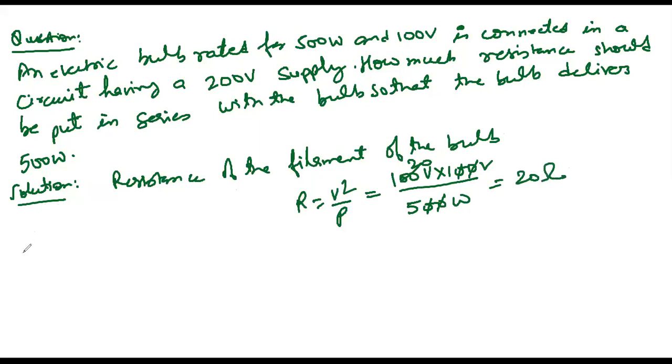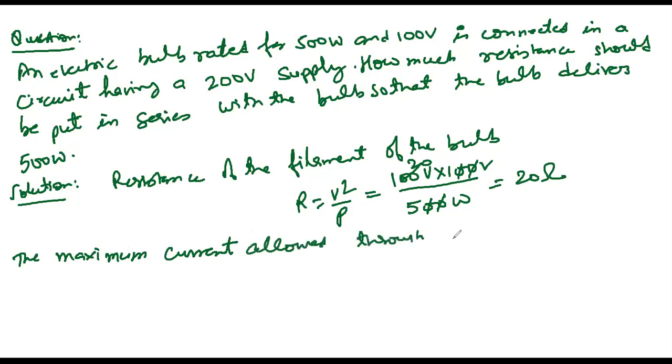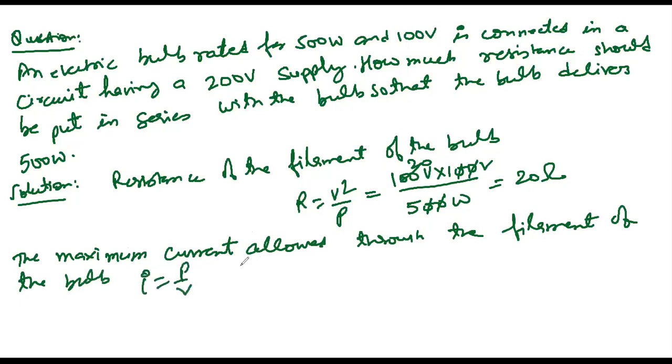Next part, the maximum current allowed through the filament of the bulb. This I is equal to P divided by V. So at the place of P, write 500 watt and your V is 100 volt.